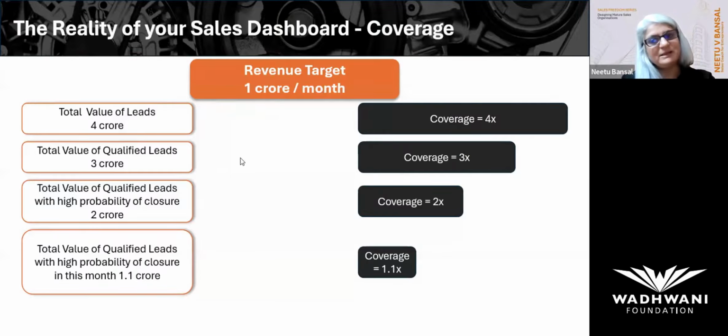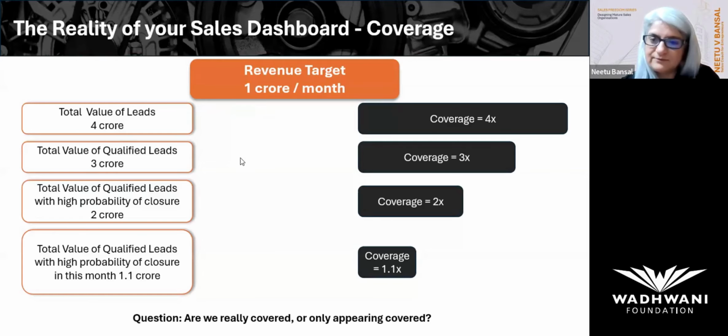So are you still in a good place, or are you in a place of risk? What is the probability that you will meet this target? Let's say the chances here are around 60-40. And this is where a lot of people come back and say that my dashboard is showing me 4 crores worth of leads.